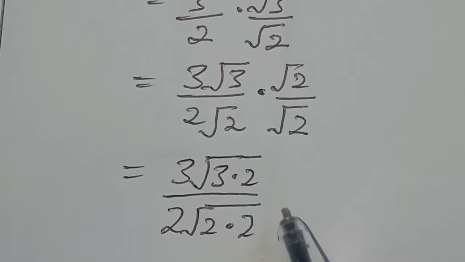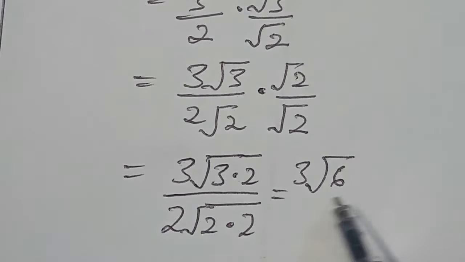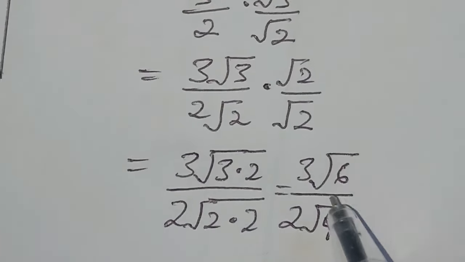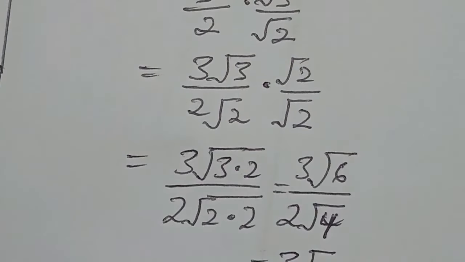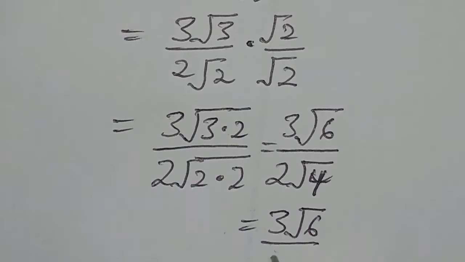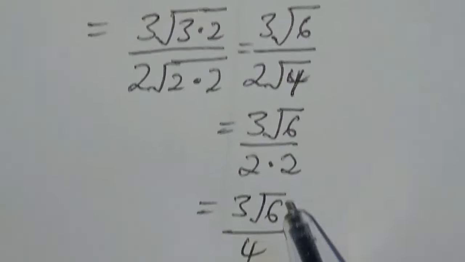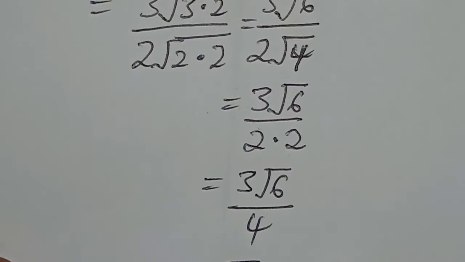So we have 3 square root 6 over 2 square root 4, and we know that square root 4 is equal to 2. So we have 3 square root 6 over 2 multiplied by 2, and we now have 3 square root 6 over 4 as our final simplification to this problem.